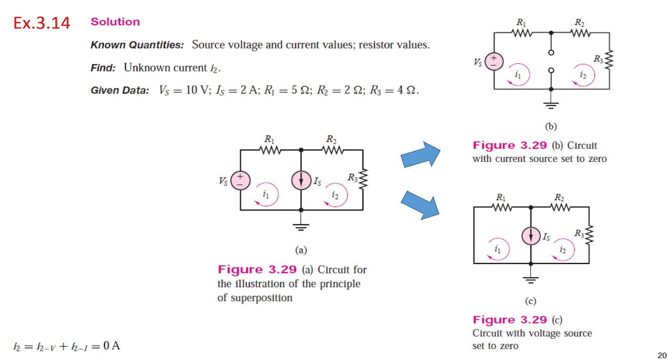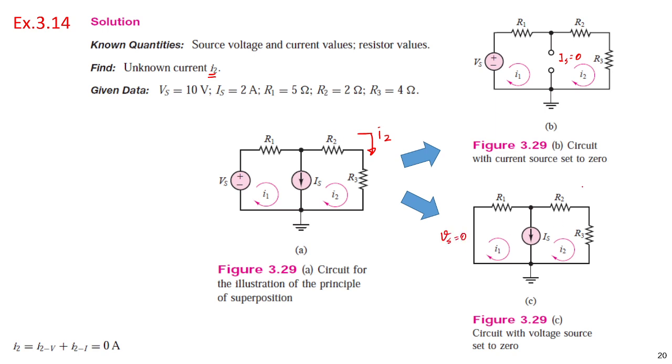Okay. For example, we have this circuit. We know Vs, Is, and R. We need to solve for I2. So this is mesh, but we don't need to do mesh current. So first we solve the circuit with Is at 0, and then we solve when Vs is 0.